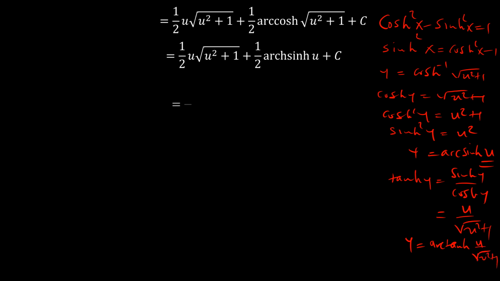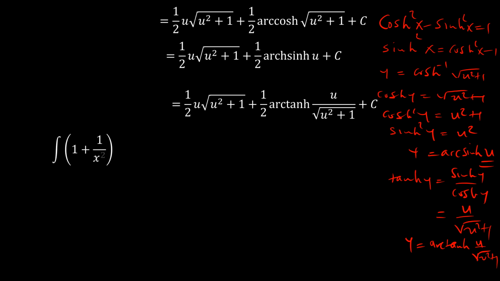So we could also put this as half u times the square root of u squared plus 1 plus half arctanh of u over the square root of u squared plus 1. And so we've proved whatever we wanted to prove.